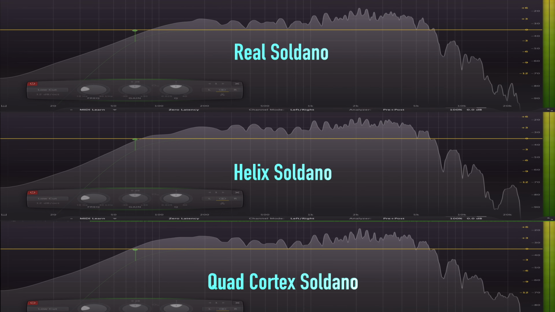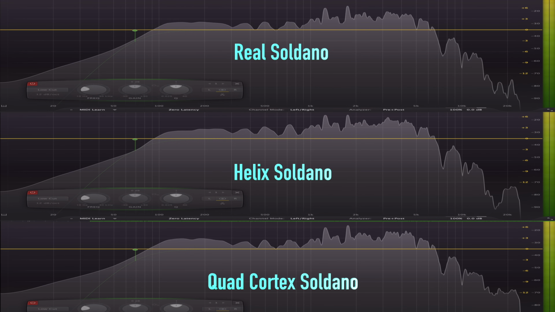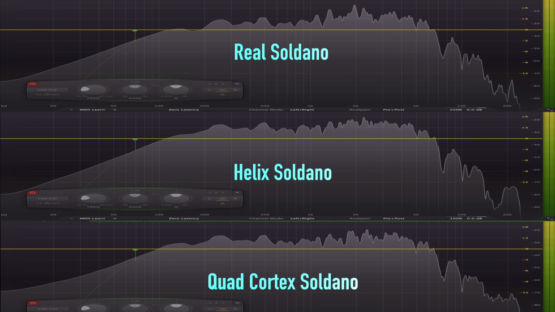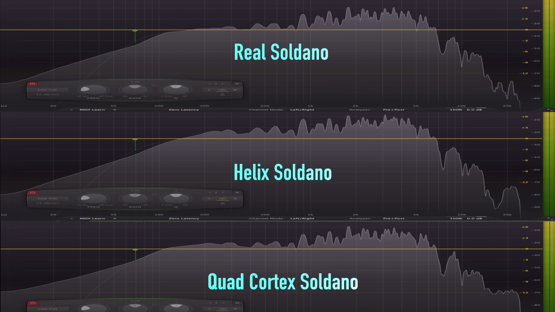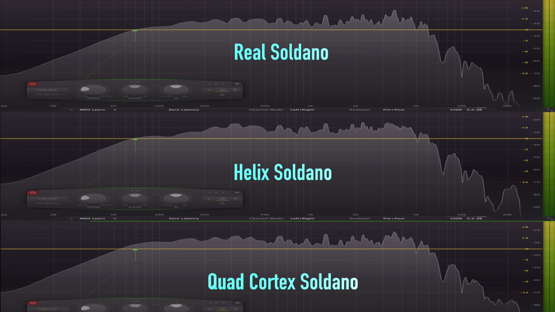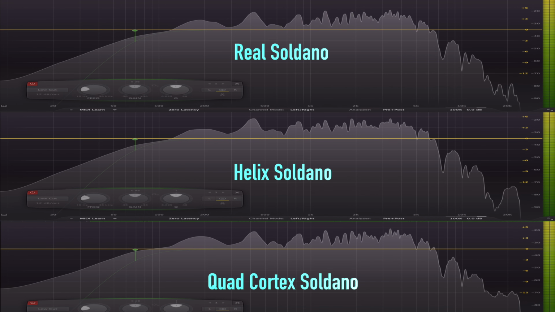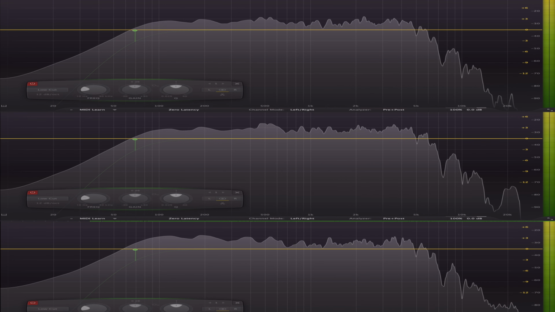I think that by working on EQ you can reduce these differences, but probably they are the tonal landmark of each unit, so I thought it was something interesting to share.